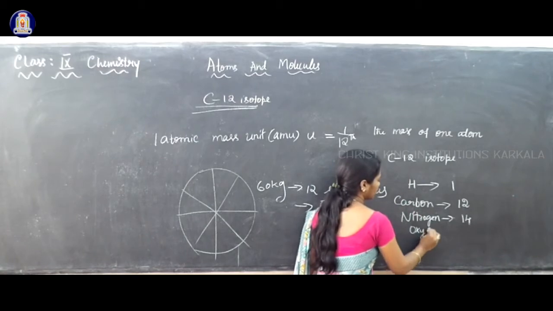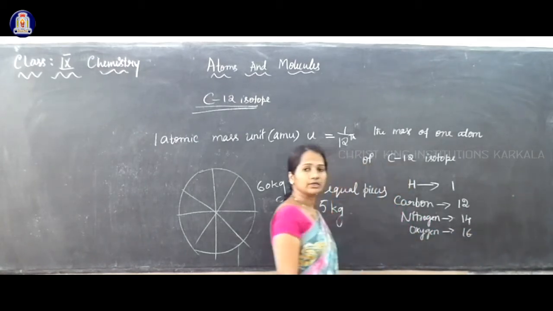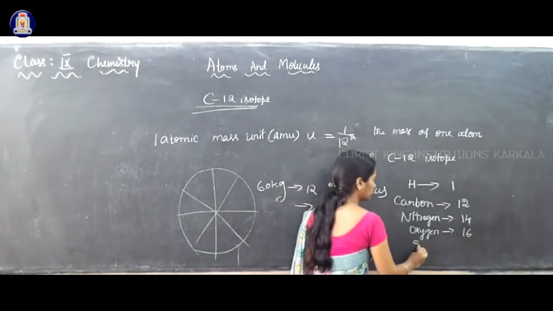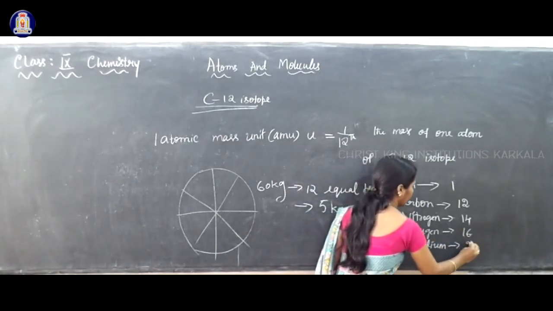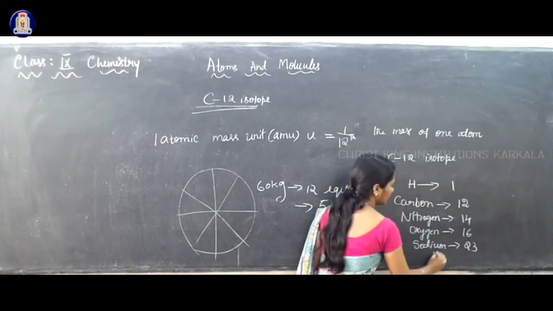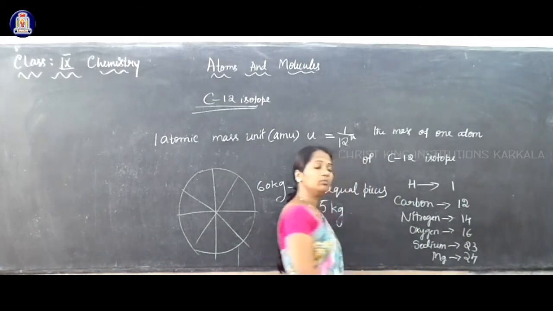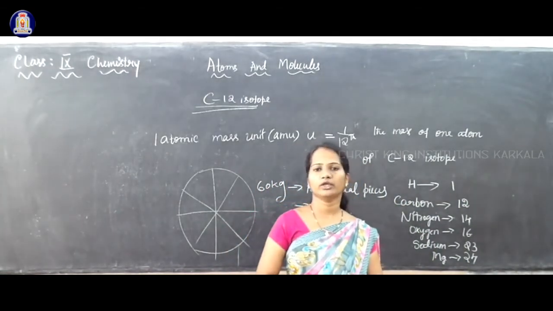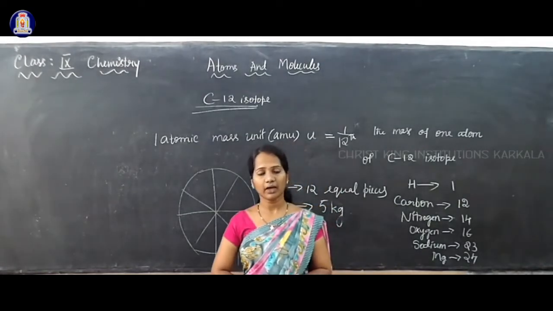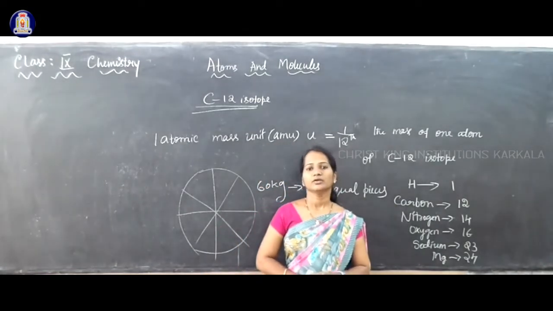Atomic mass of oxygen is 16. Atomic mass of sodium is 23. Atomic mass of magnesium is 24. In the same way, atomic mass of chlorine is 35.5. So atomic mass is a characteristic property of an element.